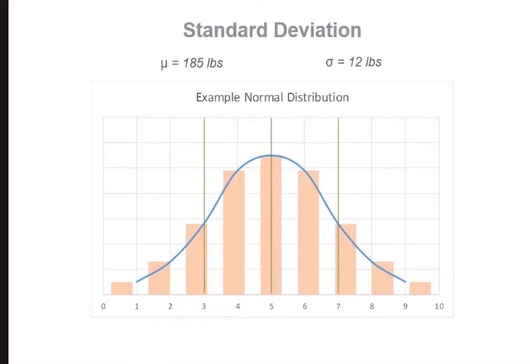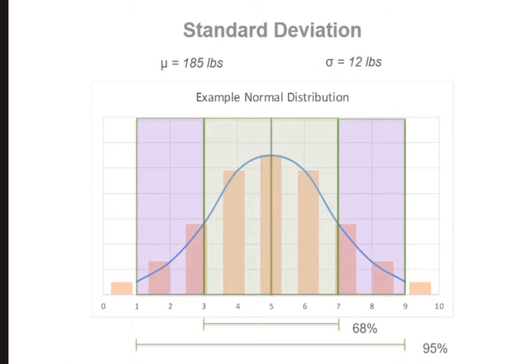With those standard deviation lines, the area represented between those two lines will contain 68% of all the weights in the population. If we then plot plus 2 and minus 2 standard deviations, we are now capturing just over 95% of all weights in the population. This is the power of the standard deviation. Within just 2 standard deviations, we are capturing 95% of all of the data points within the population.